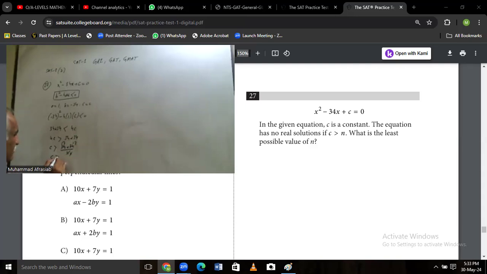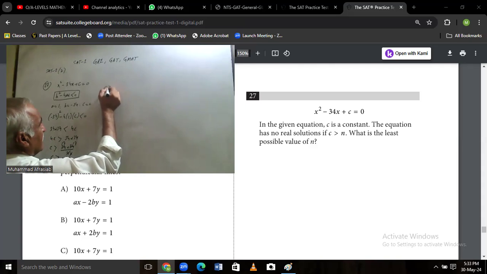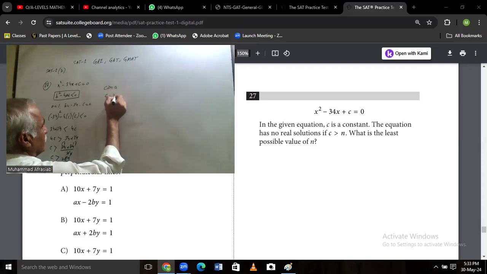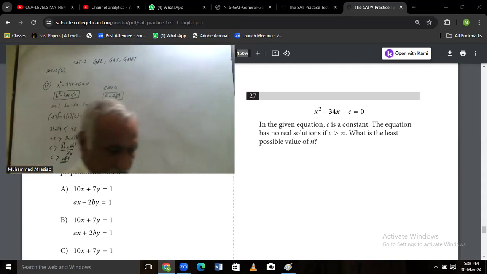So c is greater than 289. So the value of c is greater than n, which means 289 is the least possible value of that.